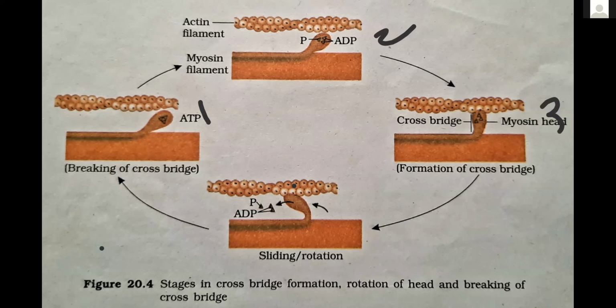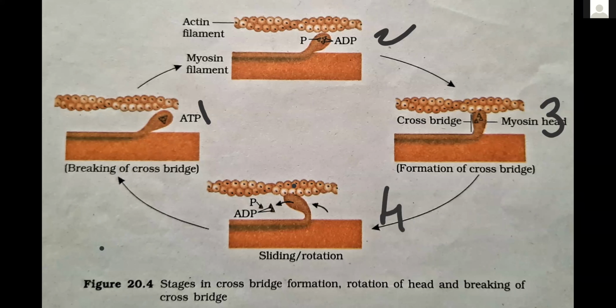Using this energy, the cross arm attaches to the myosin binding site present on the thin filament to establish what is called a cross bridge.